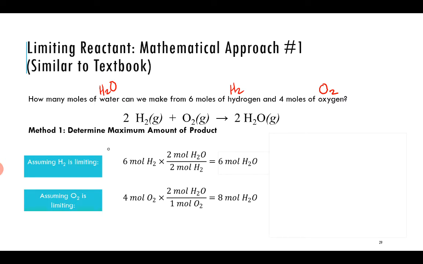What you would do is determine the amount of water from each of those amounts. We are given amounts of both reactants, so how much product can you make?